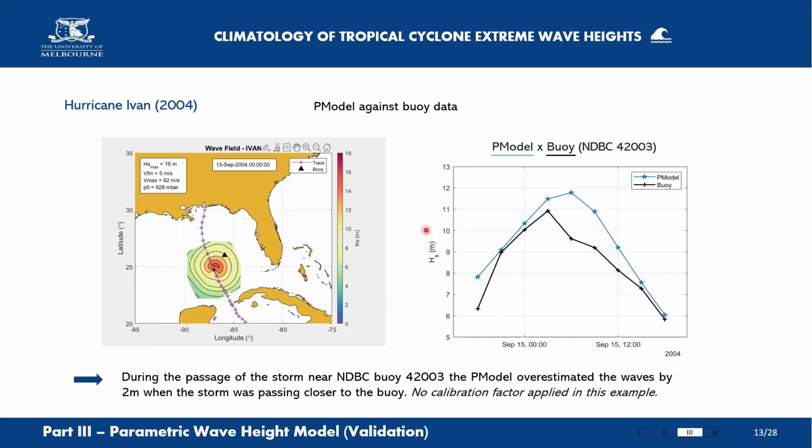On the right, we have the HGS time series with the buoy data measured by the buoy in black and the data simulated by the parametric model in blue. We have in this case an overestimation of the waves around 2 meters when the storm was passing closer to the buoy during this time here. Again, no calibration factor was applied in this step.